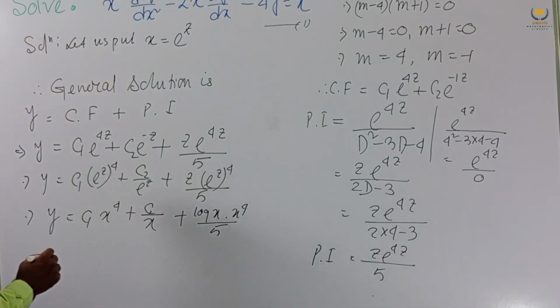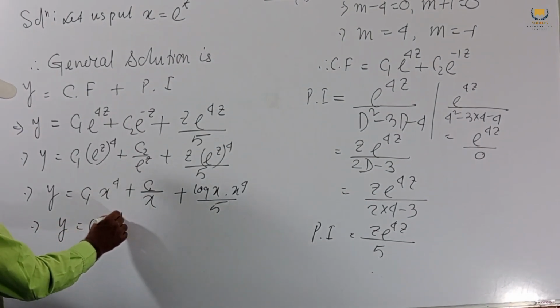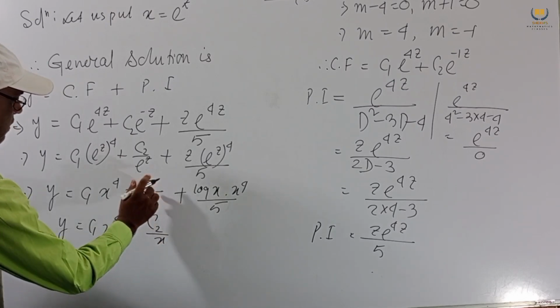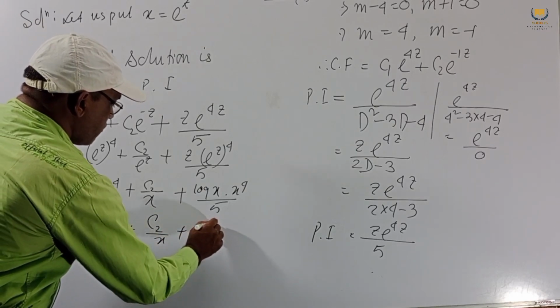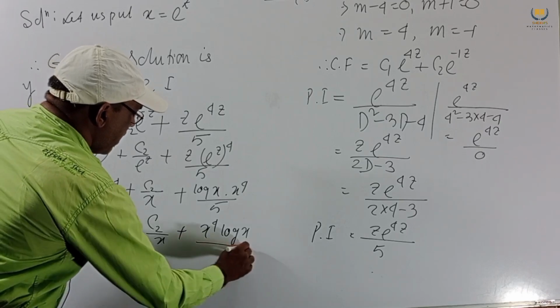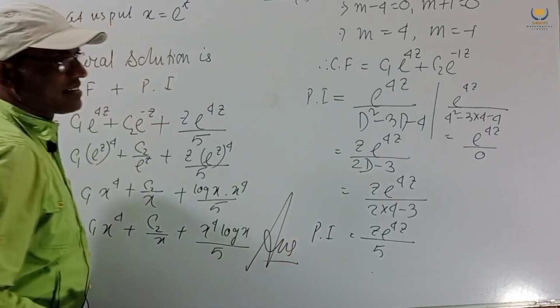We get this. So y equals C1 x to the power 4 plus C2 by x plus x to the power 4 log x by 5, and this is our final answer.